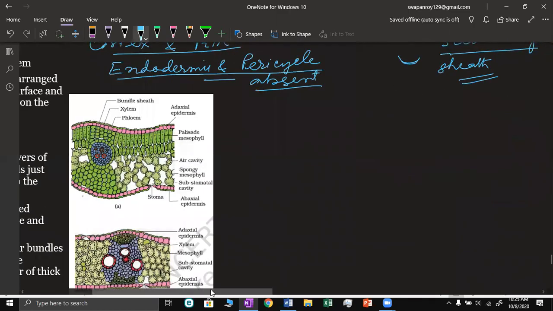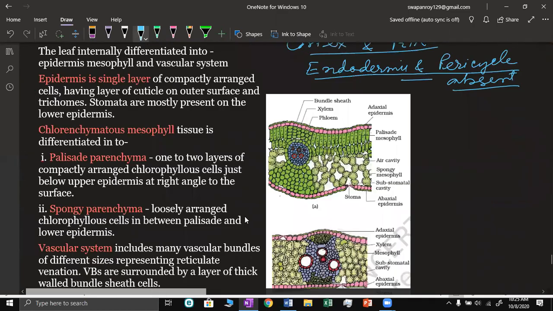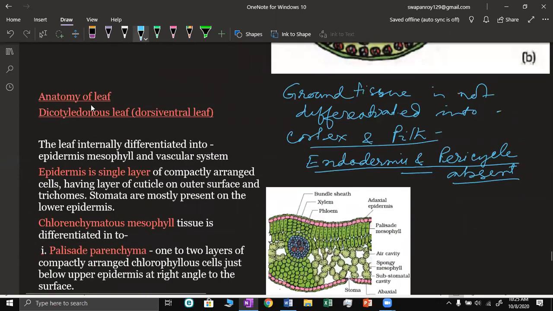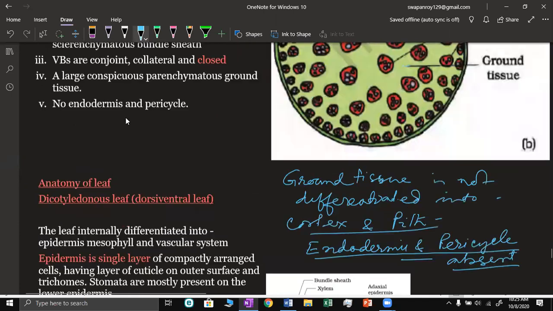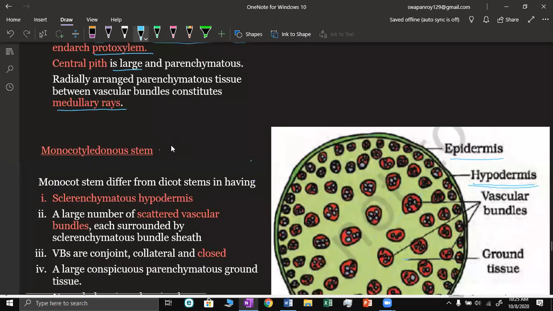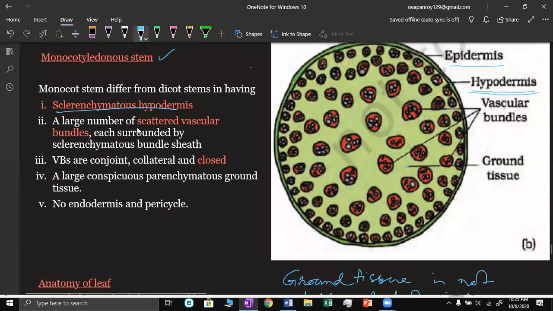So this way, these are the main characters in the anatomy of the monocot stem, differing from the dicot stem: hypodermis is sclerenchymatous. There is a large number of scattered vascular bundles, each surrounded by a sclerenchymatous bundle sheath.